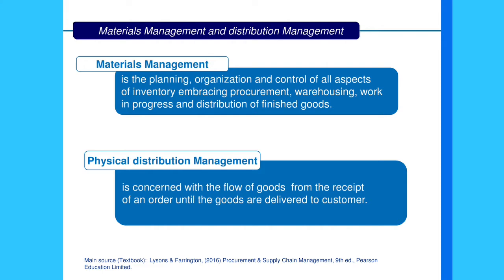So what is the material management part of logistics? It is the planning, organization and control of all aspects of inventory, embracing procurement, when you purchase things, warehousing, when you store it temporarily, work in progress, when you are moving the things to the operations and operations is working on it, producing something and keeping the half done work, that is called work in progress, and distribution of finished goods.